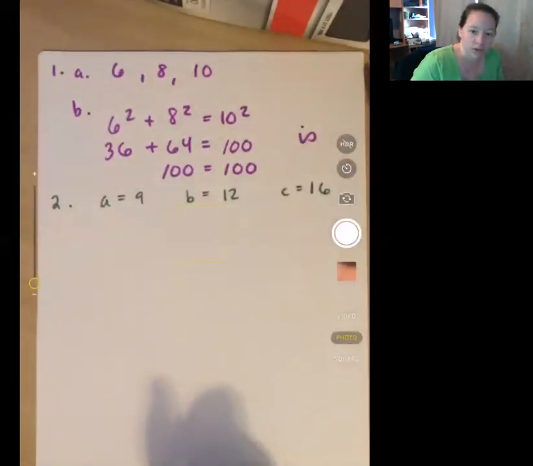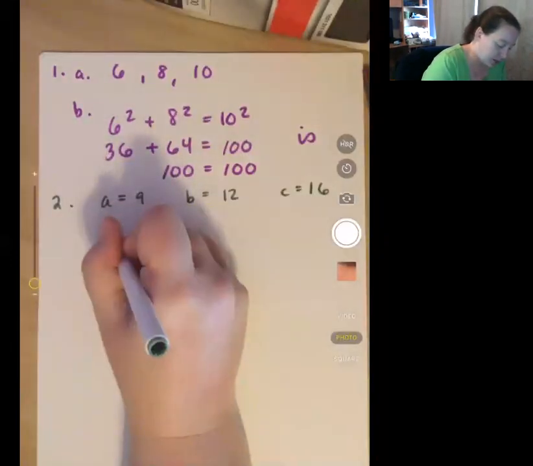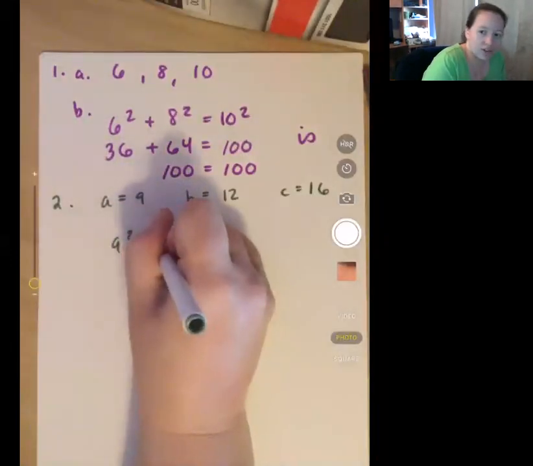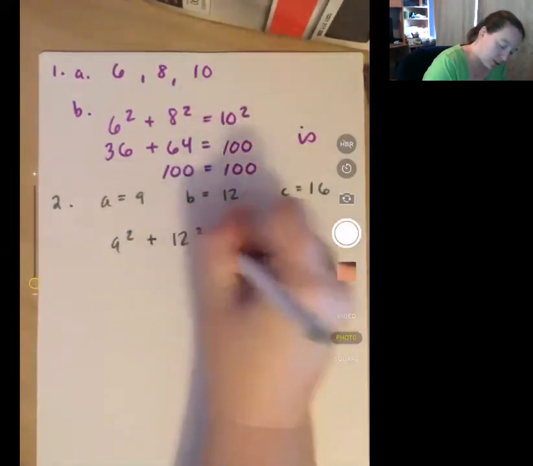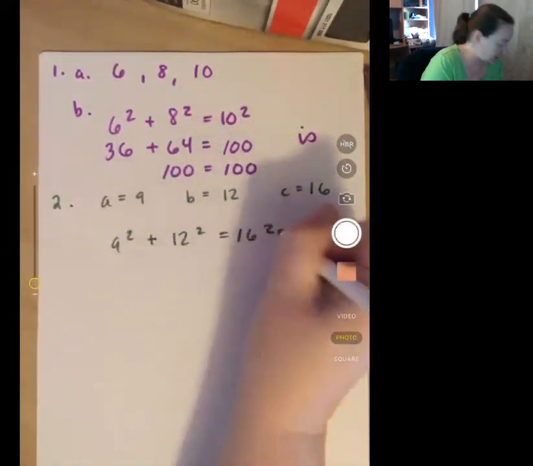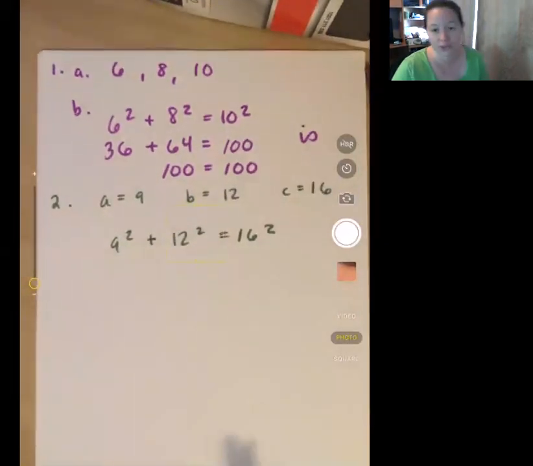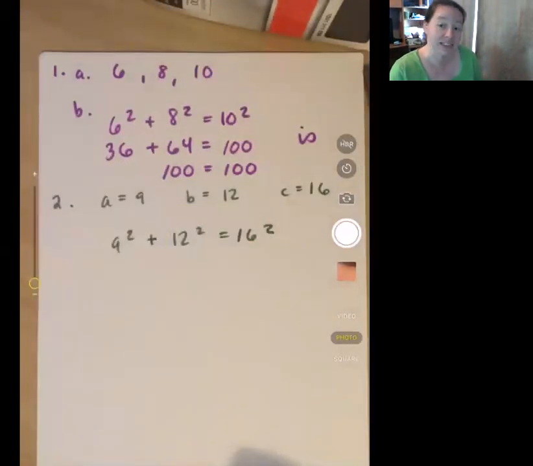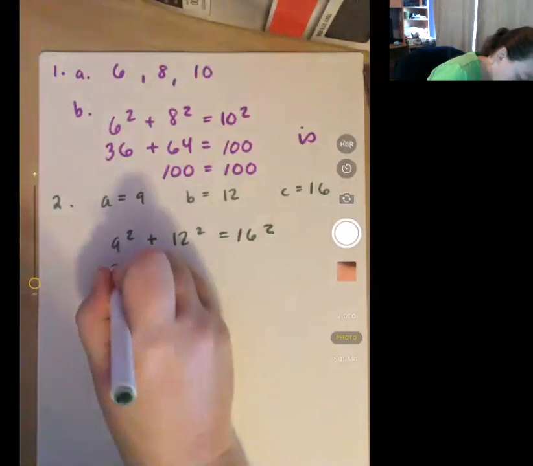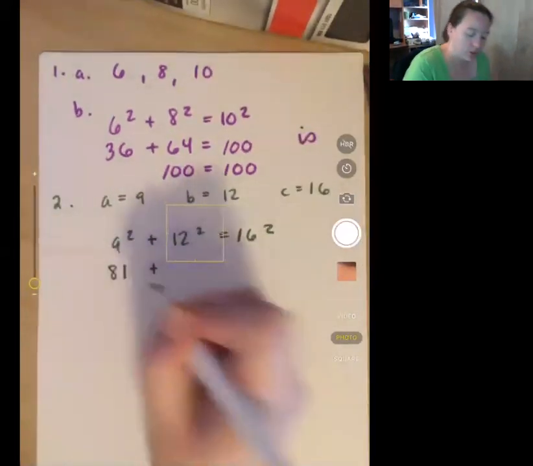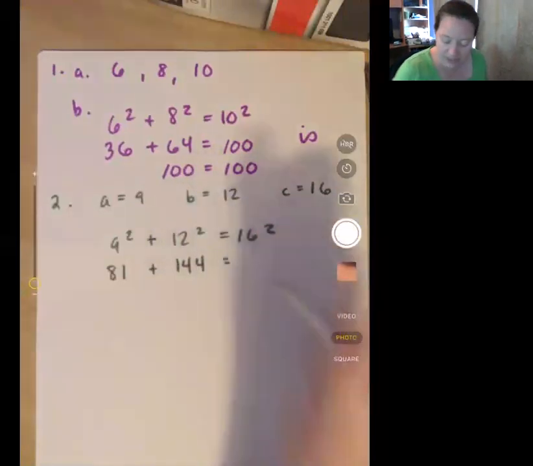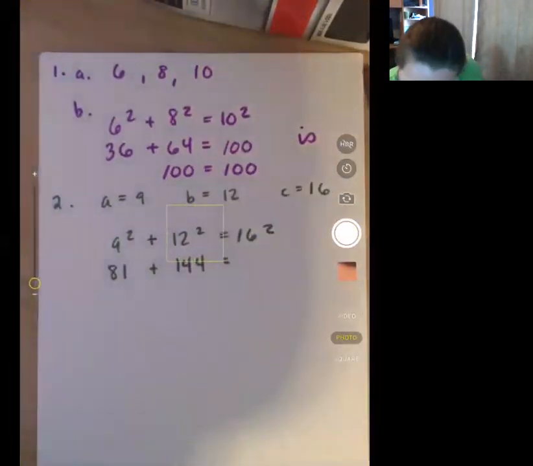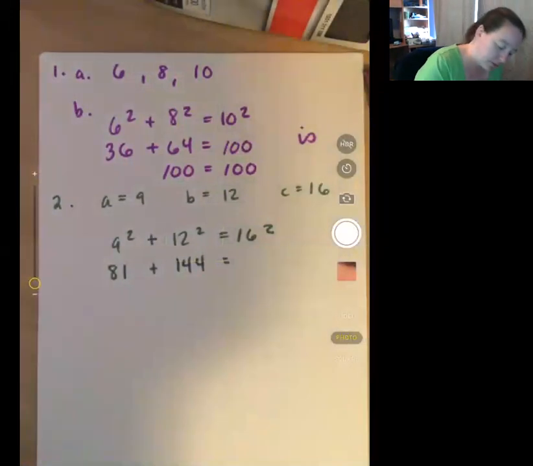Once again, we are filling in our bubbles. 9 squared plus 12 squared is equal to 16 squared. Now we need to square everything. 9 times 9 is 81. 12 squared is 144. And 16 squared is 256.